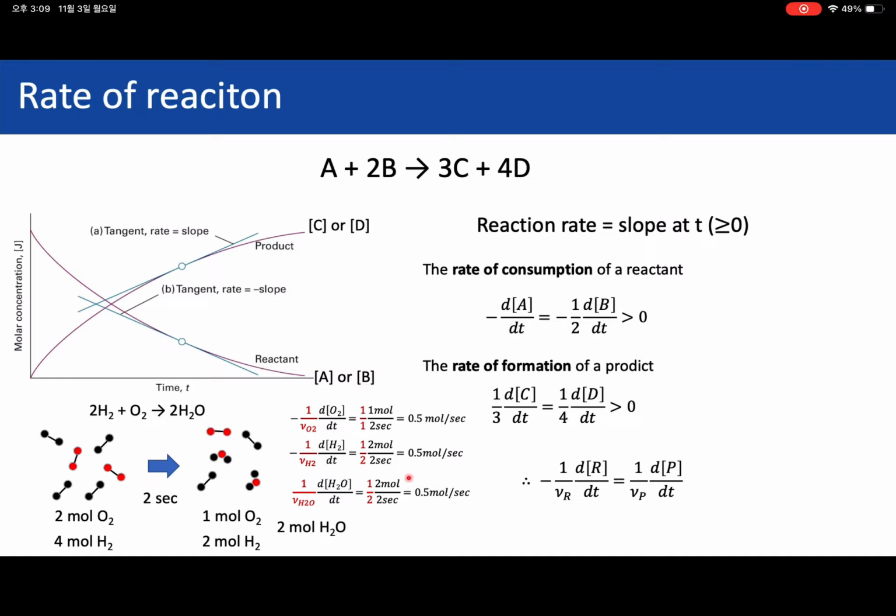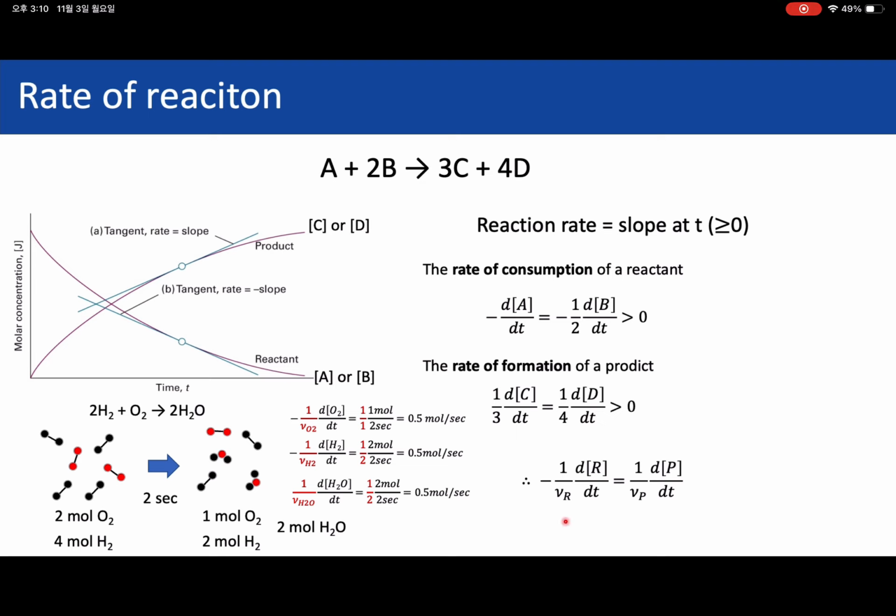So actually, there is a more rigorous way of deriving this equation, for why we have this factor of the stoichiometric coefficient, but I think this is more straightforward.